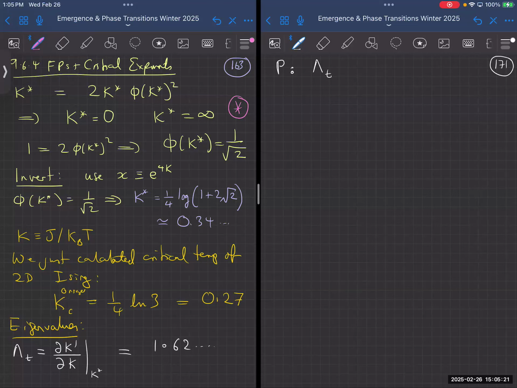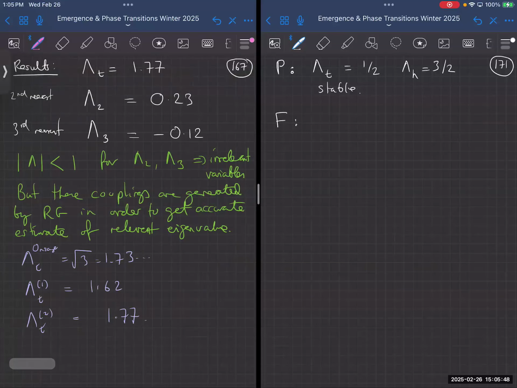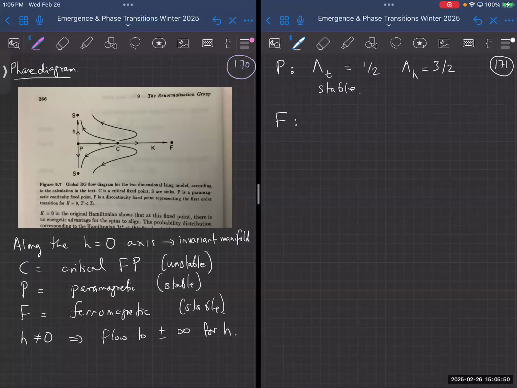but now what happens if we look at the paramagnetic fixed point? Then what you get is that lambda t is 1/2, and it turns out that lambda h is equal to 3/2. So this then is a stable fixed point, as I told you. If I look at the ferromagnetic fixed point, that's the one over here on the left, where k has gone to infinity. Now I evaluate the linearized RG transformation around k equals infinity.